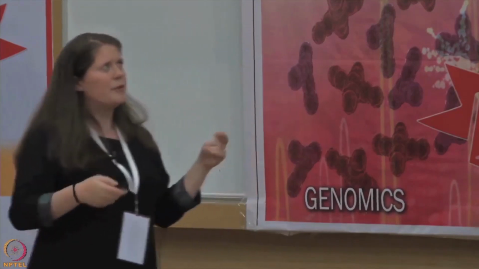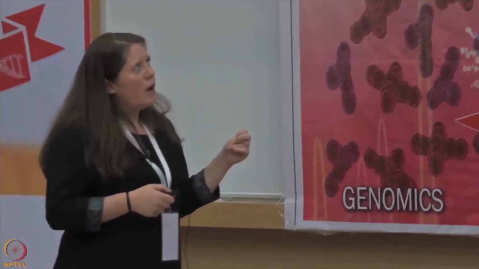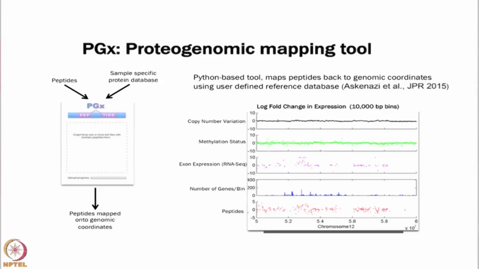So let's say you want to put it up in IGV and see it alongside your junctions, to make sure it makes sense that it's actually proving that your junction exists, and have it all in one browser. So with this tool, PGX, you can put your peptides and your sample-specific database in, and it will map onto genomic coordinates.